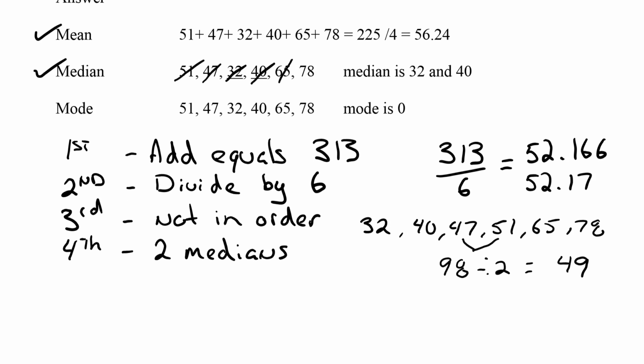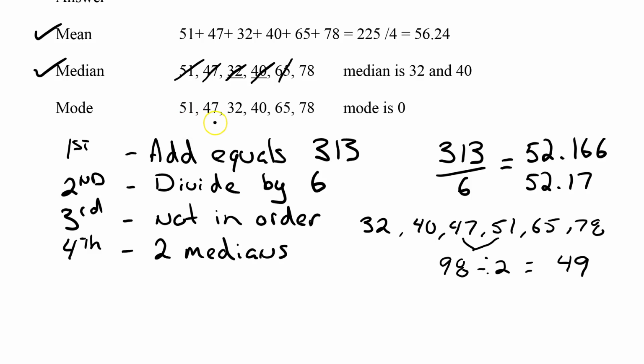Finally, let's look at the mode. They've listed the numbers that they see in the same order as in the question, and they say the mode is 0. Well, we remember from our previous lesson that the mode is the one that appears most commonly. What this person is telling me here is that the number 0 appears most often. If I look at my data set, 0 isn't even in it, so I can't use 0.